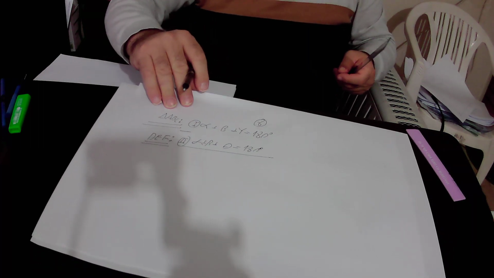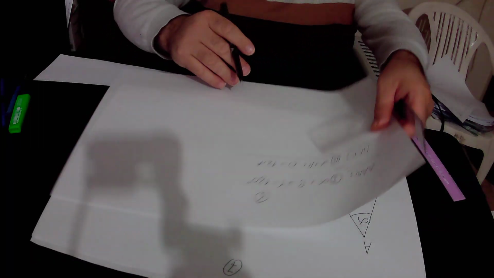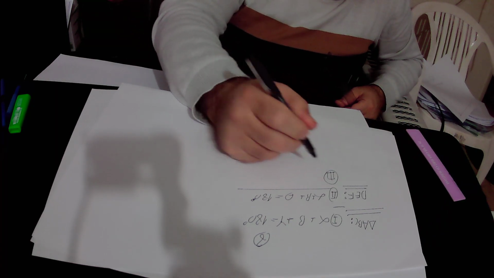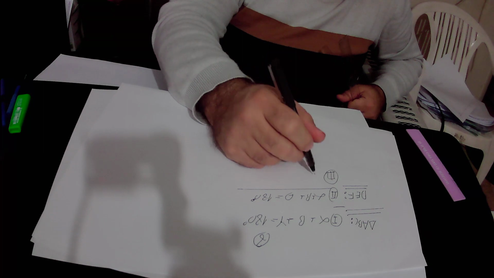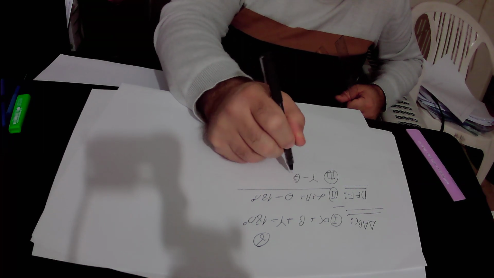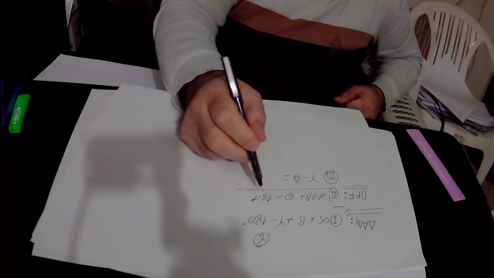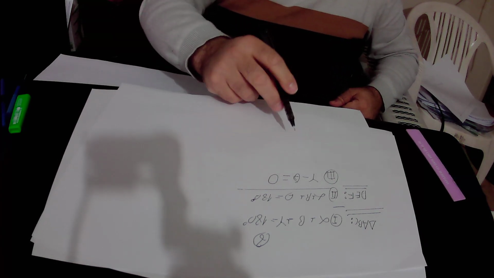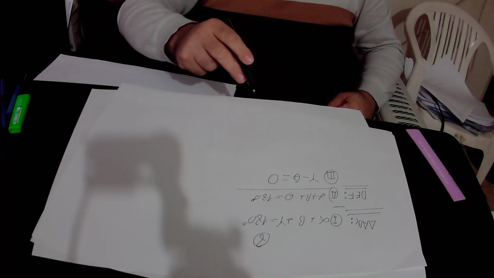So we found out that according to equation number 3, gamma minus theta equals 180 degrees minus 180 degrees, which is 0. So we found out that gamma minus theta equals 0.